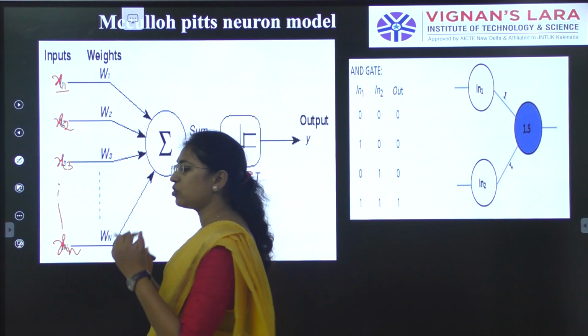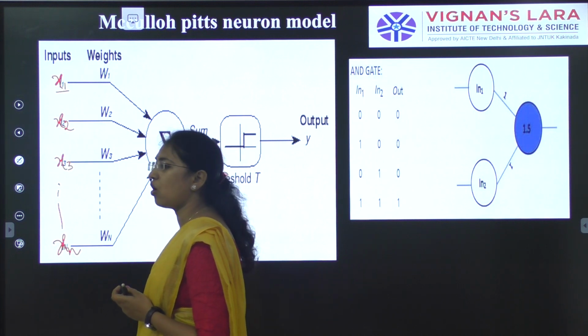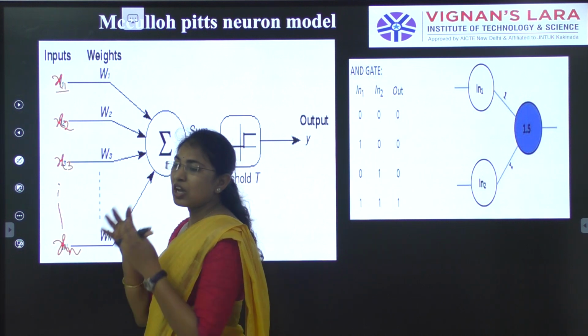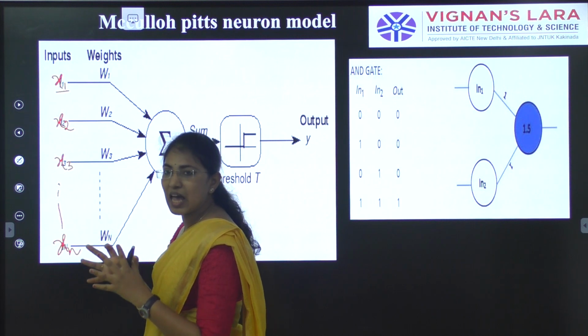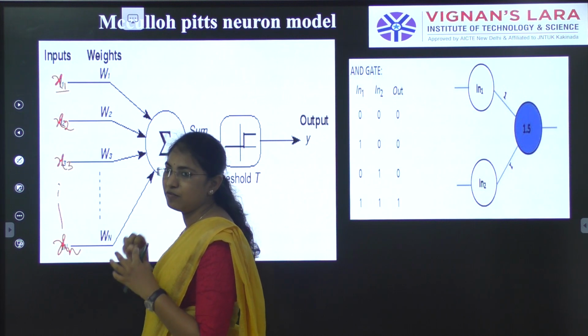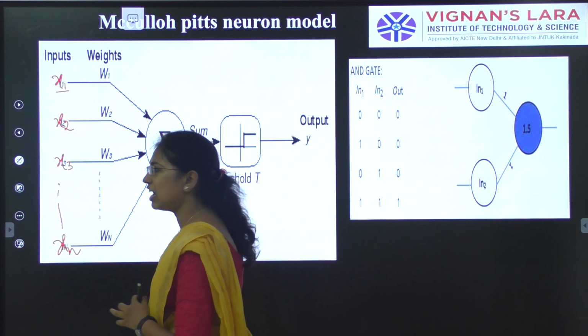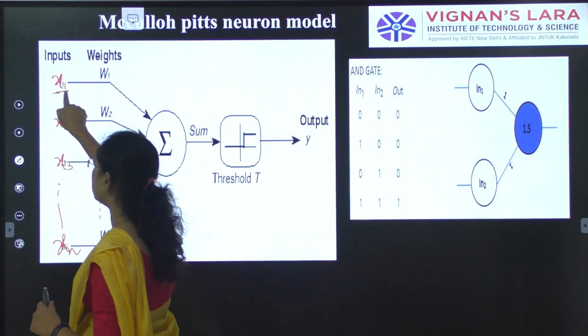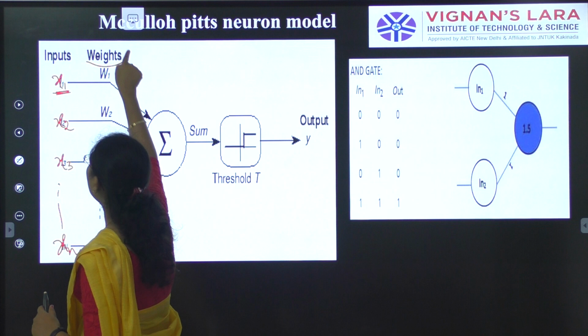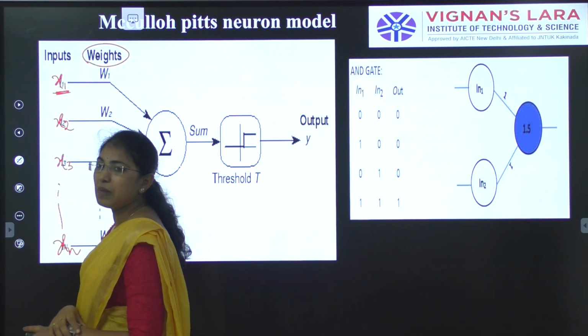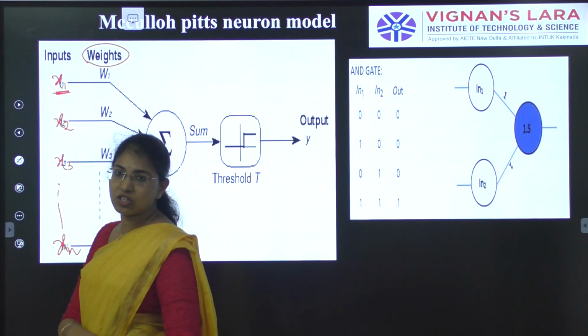Now, whenever inputs are obtained for the neuron, what will happen? All the dendrites and synapses are going to collect that information. Here, this information is collected by weights, or we can call them synaptic weights.